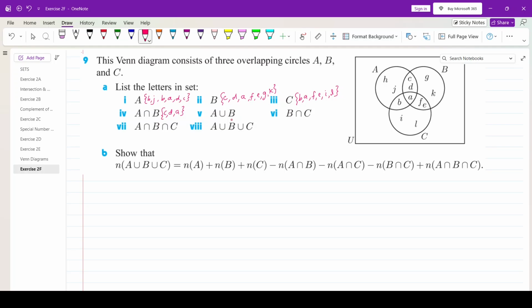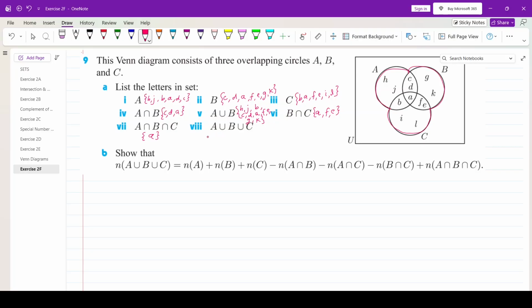A union B is going to be H, J, B, C, D, A, F, E, G, and K. B intersection C is going to be A, F, and E. A intersection B intersection C is going to be A. A union B union C is going to be everything in this red borderline.